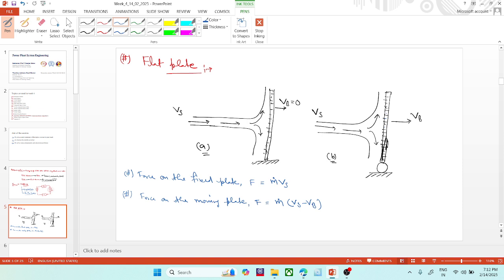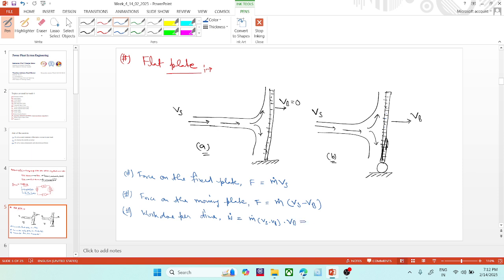Okay, so work done. We know that the expression of work done per time, or we would say power, W dot, is equal to this force m dot (Vs minus Vb) into the displacement in unit time, and that would be Vb.